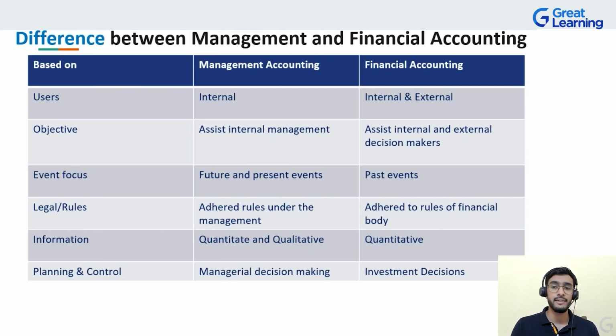Now, assisting internal and external decision makers. In financial accounting, the financial data is provided to internal management, and it's always a quantitative way of presenting the data. The external decision makers are the investors.